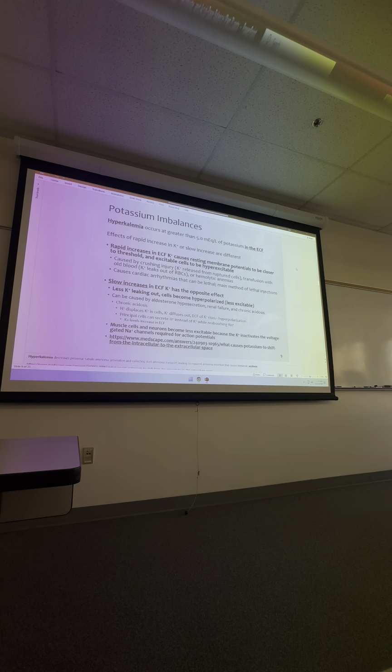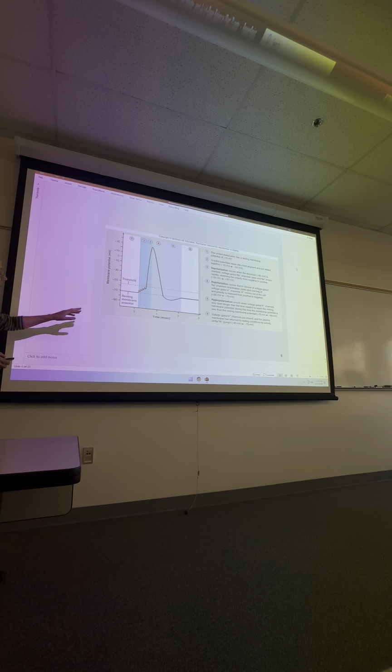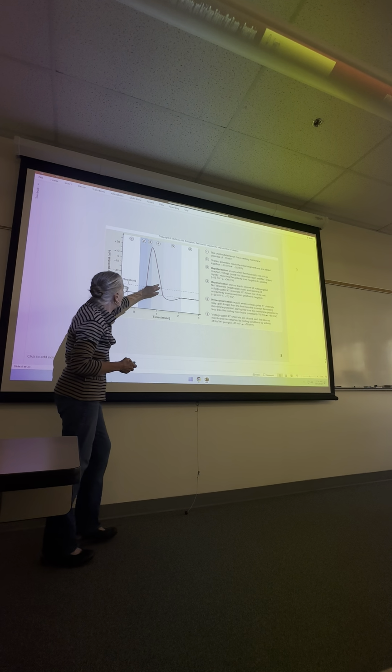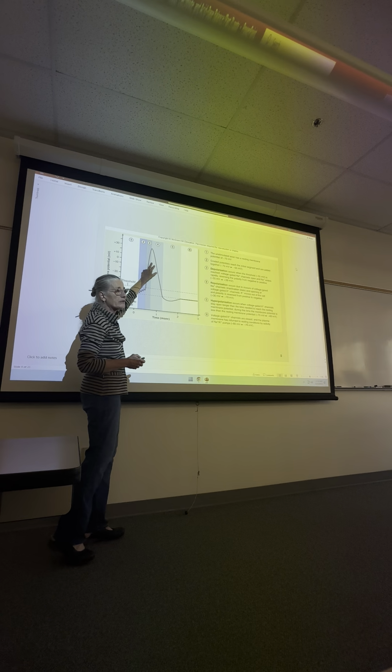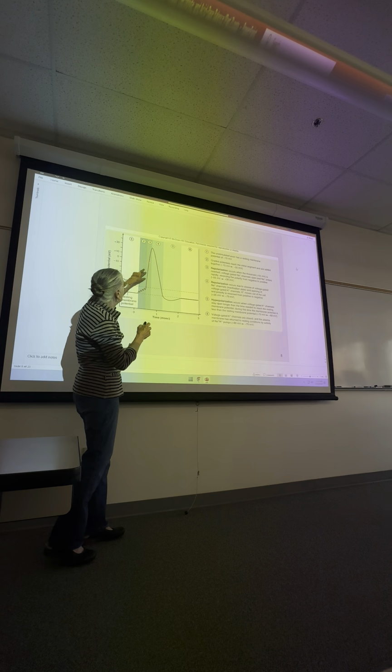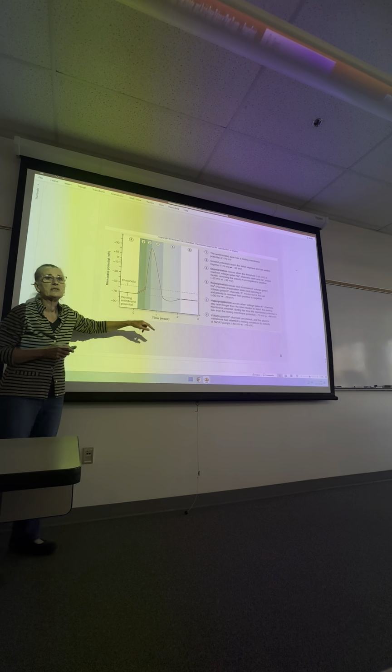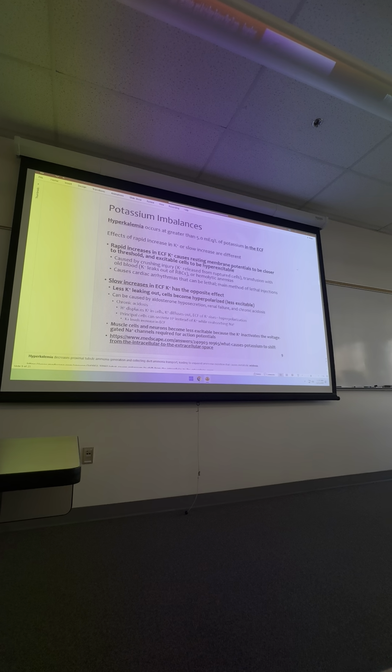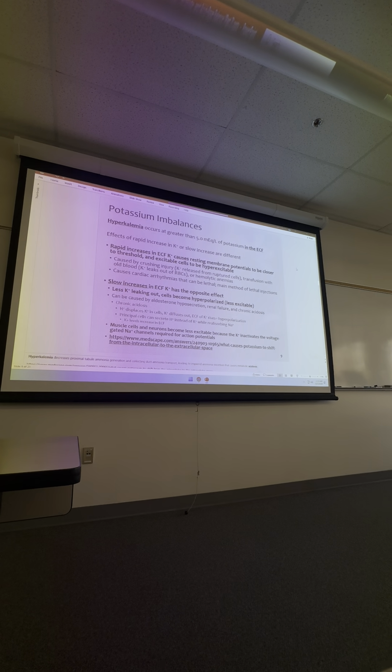Imagine you're in a car accident, your muscles are crushed. Where's the potassium contained? Inside your cells. You crush all these muscles, all that potassium flushes out. Now we have the opposite of this, now we have tons of potassium outside the cell, along with sodium outside the cell, making those cells extra excitable. Not so good for the heart.